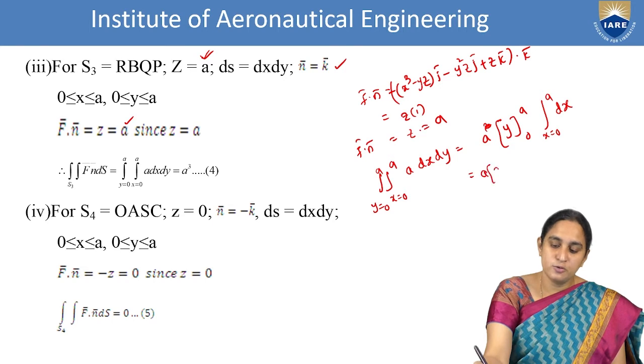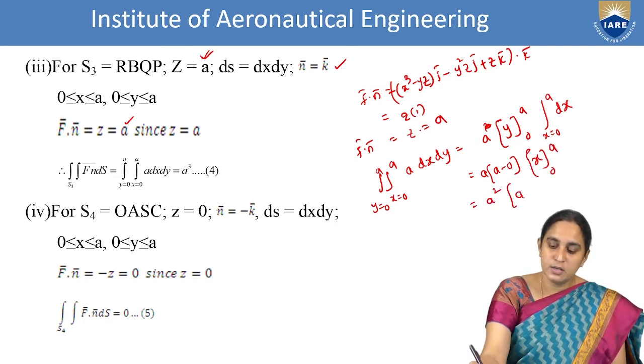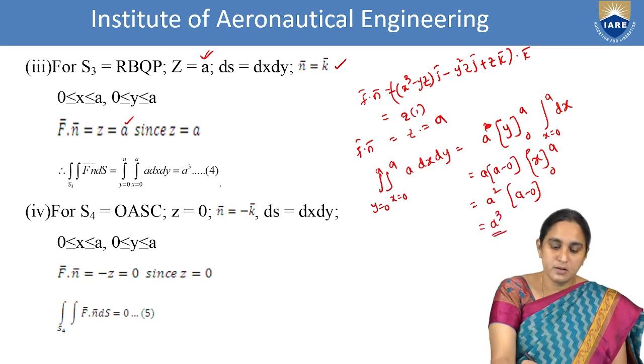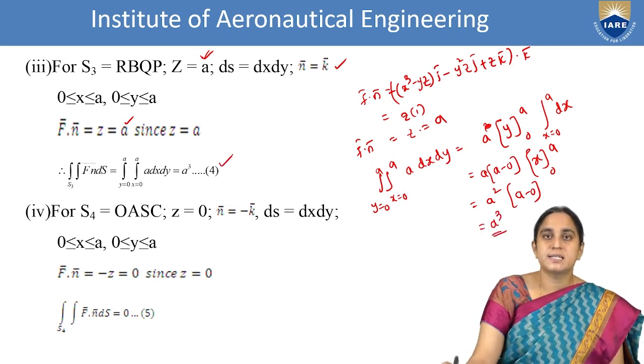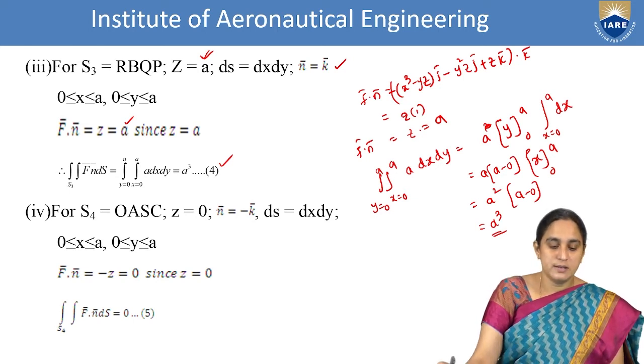That is a into a minus 0, and the integration of dx is x, limits 0 to a. That is a square into a minus 0, that is a cube. Therefore the surface integral on the z-axis positive direction has the answer a cube. Let us take that as the fourth equation.